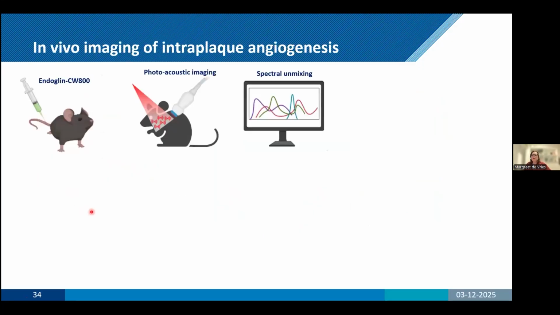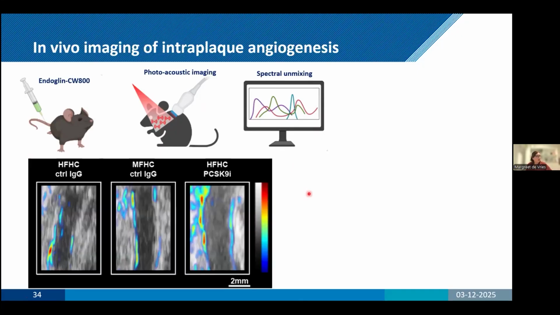So next we used this for the in vivo imaging. So we injected mice at the 28-day time point with the endoglin combined with the CW800 and performed the photoacoustic imaging. And we used the spectral mixing using the loaded profile to look at the activated endothelial cells in the vein grafts.